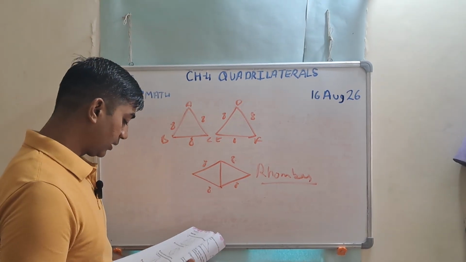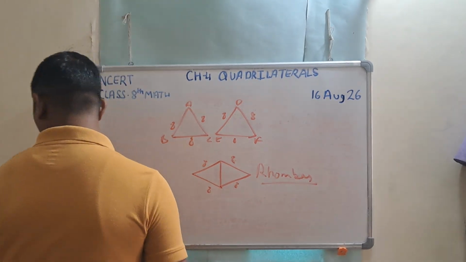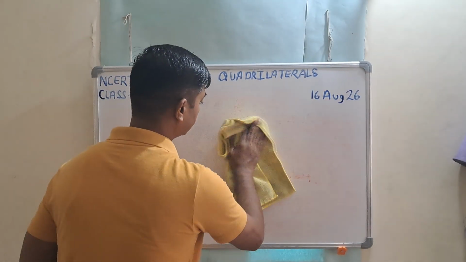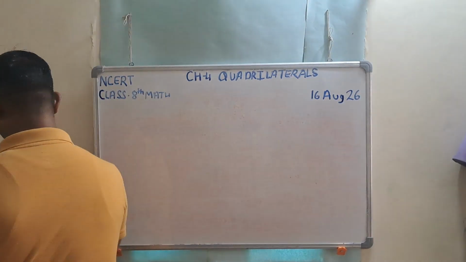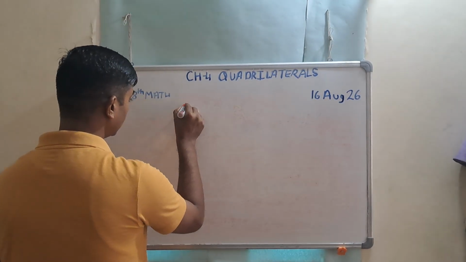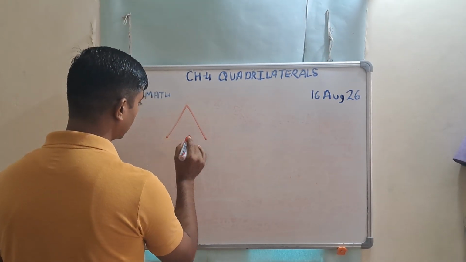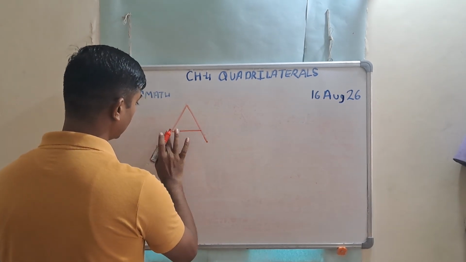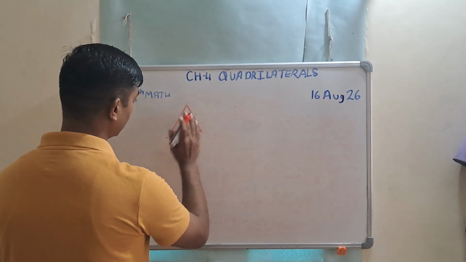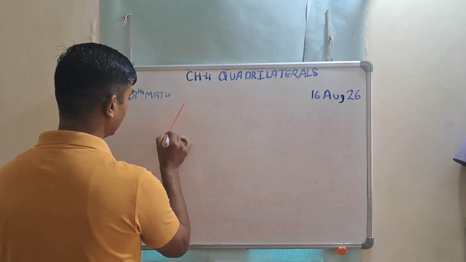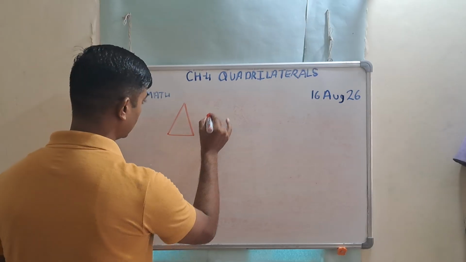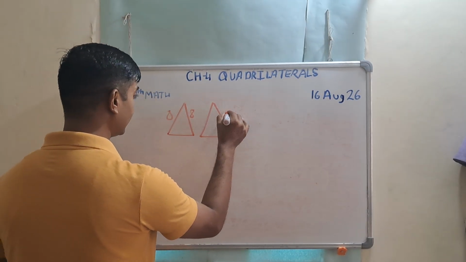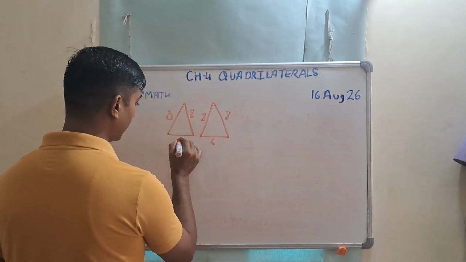Now we'll see what is formed with the isosceles triangle. Now suppose this is a figure, this length is 8, this length is 8, this length is 8, and this is 6 centimeter.